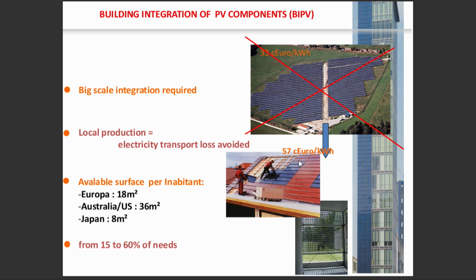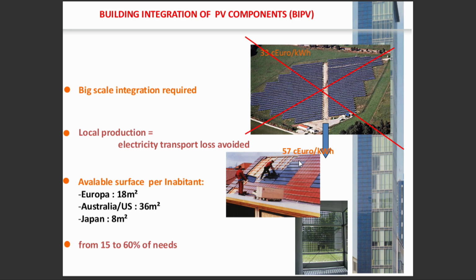But for other ground where you can do something else, it's forbidden. So it's also pushing to integrate PV, and we will see different ways to integrate that. And it makes sense because you can produce locally for a local need.